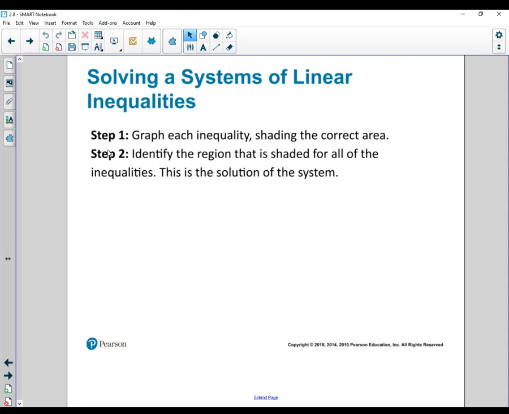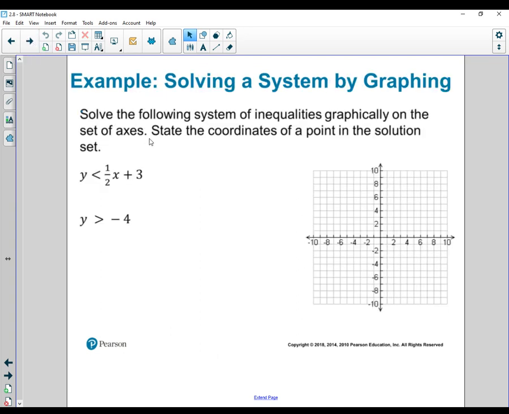If you're taking notes, I wouldn't worry about the steps right now, because you could write them down another time. And again, I think memorizing steps is worse than just understanding what makes sense and what to do, right? But step one is just graph each inequality, shade it correctly, and then you just have to identify the region where both are shaded.